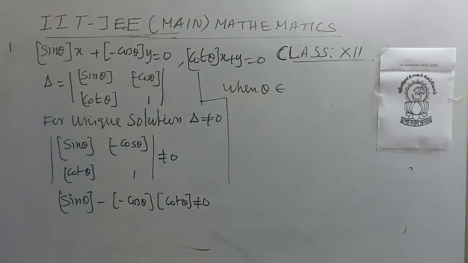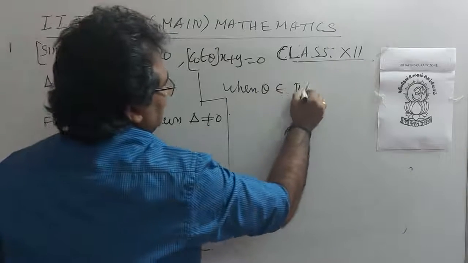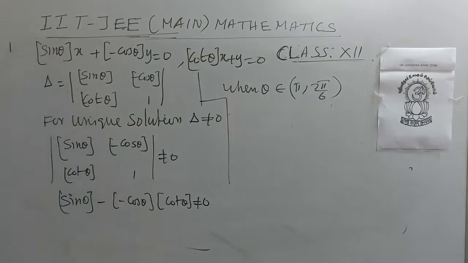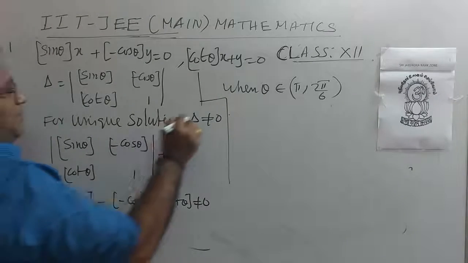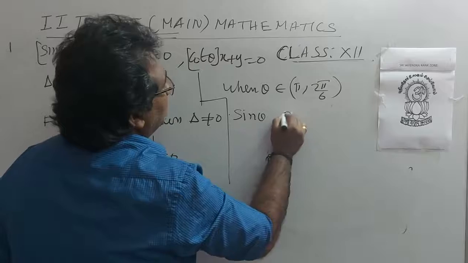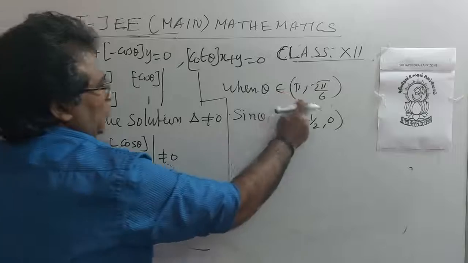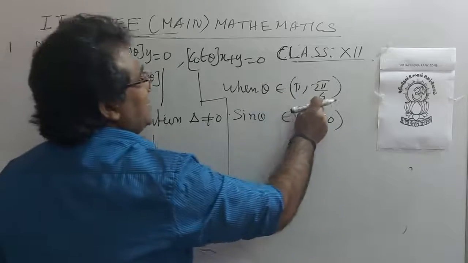When theta belongs to pi comma 7 pi by 6, that is 180 degrees to 210 degrees, sin theta lies from minus 1 by 2 to 0: sin 180 is 0, sin 7 pi by 6 is minus half.